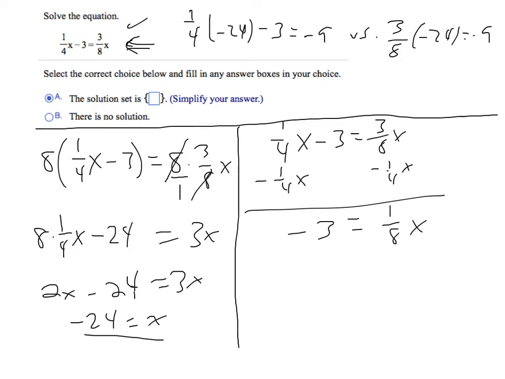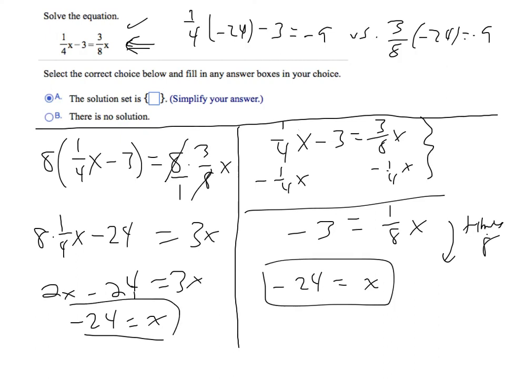So by subtracting 1/4 x from both sides and actually doing the arithmetic, with a common denominator of 8, I'm able to rewrite this equation as negative 3 equals 1/8 x, and then I can multiply on both sides by 8. If I multiply both sides by 8 now, I have negative 24 on the left, and 8 times an eighth is 1, so I have just x on the right.